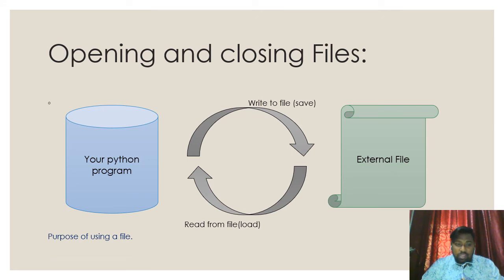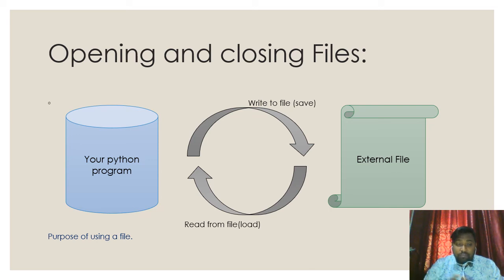Now we are going to learn about opening and closing files, how we can open and close the files. So if we want to open a file, we have to open it with the open function which is available in the Python language.